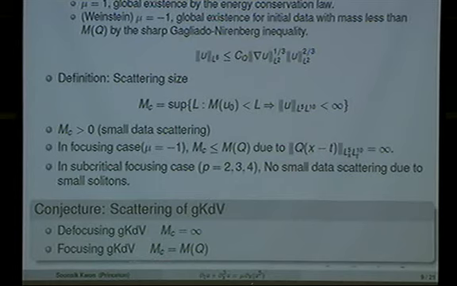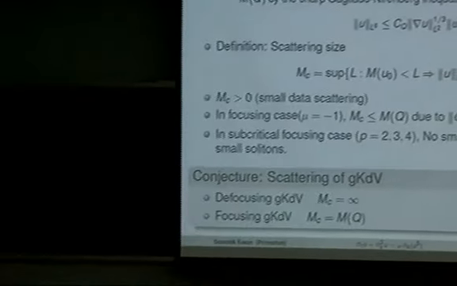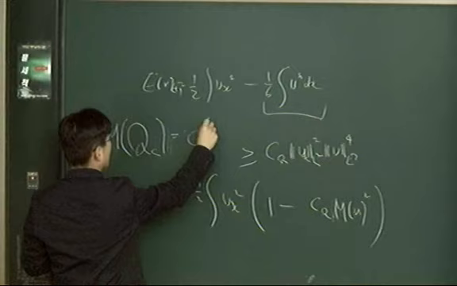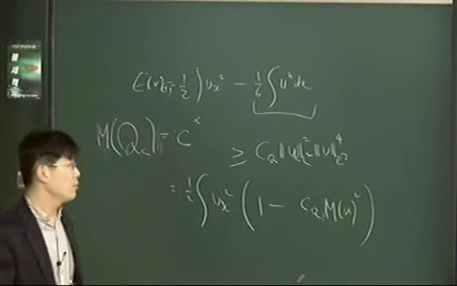There is such a conjecture for the mass critical case, but for the subcritical focusing case, even if we have a soliton, we cannot make such a conjecture. You remember that the rescaled soliton for the subcritical case is c to the some power alpha, and if you choose c small, then the mass could be very small.